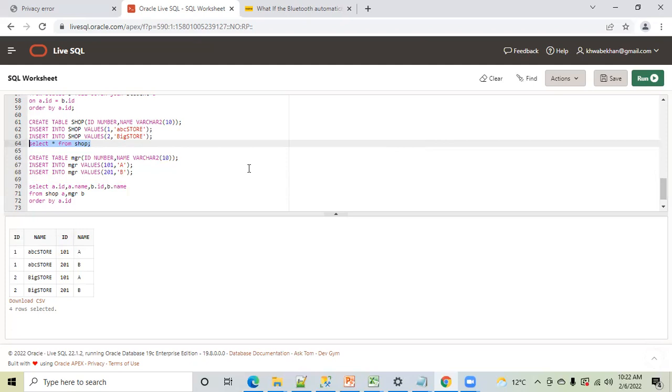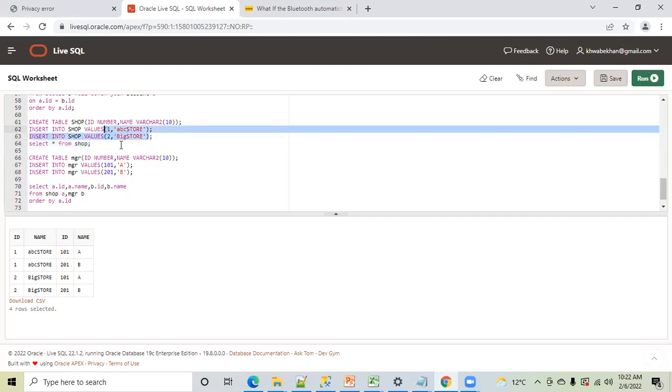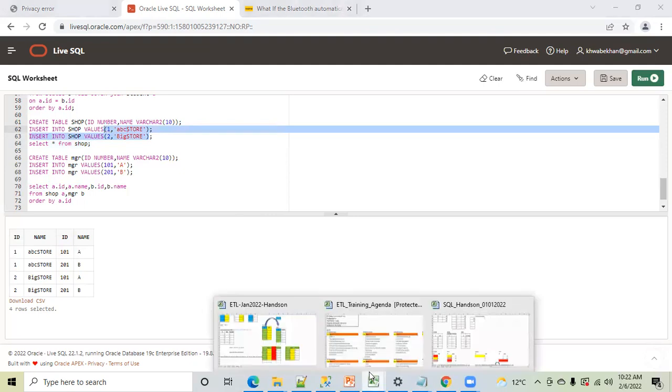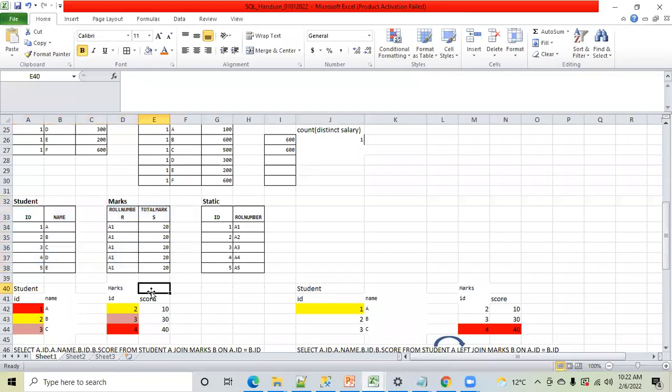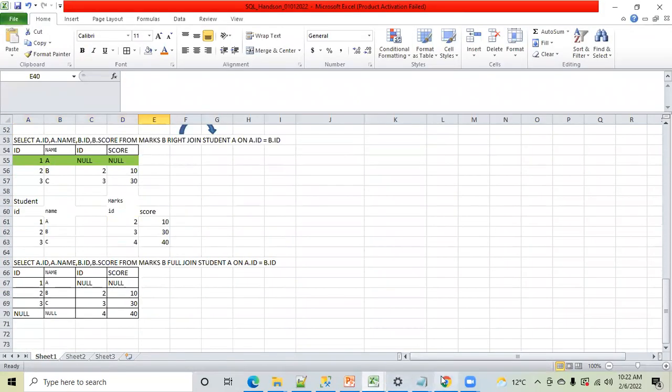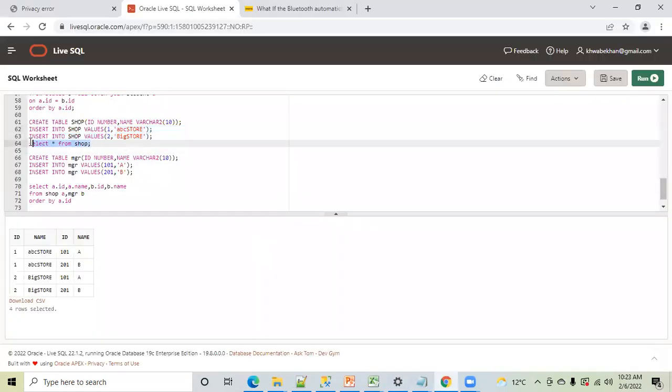I'm getting confused. No problem. Think about this. Look at the output and then think. Akshay, Imran, everyone, please think what is happening here. Anyone?